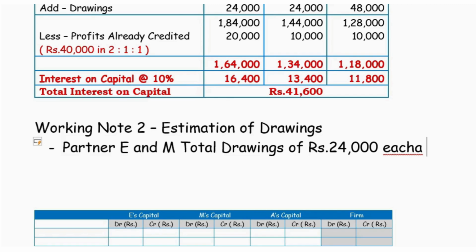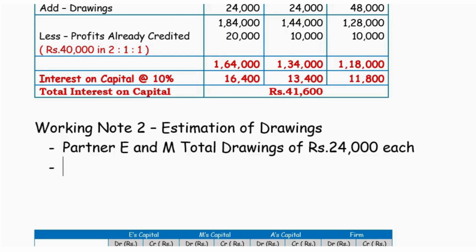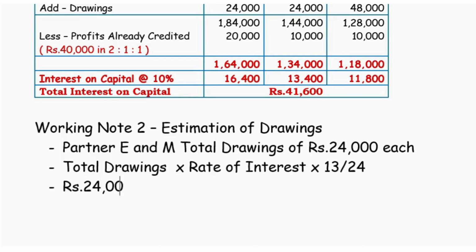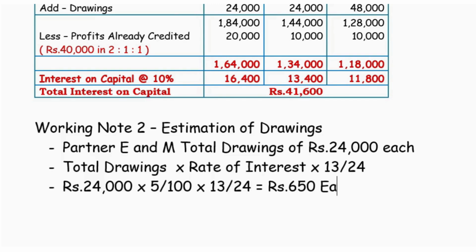So the formula for calculating interest on drawings is total drawings into rate of interest into 13 divided by 24. The total drawings for each partner is 24,000. Rate is 5%, that is into 5 divided by 100 into 13 divided by 24. So we get rupees 650 for each partner.